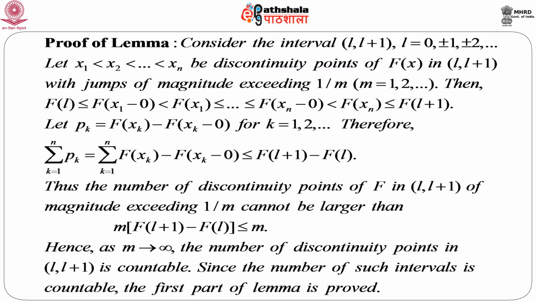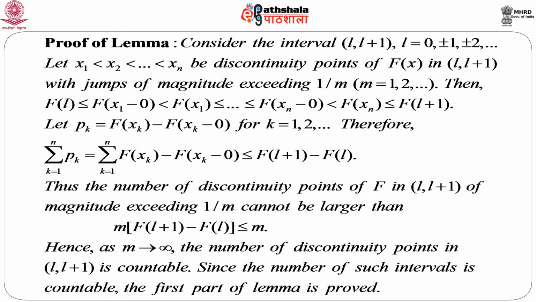Let us also consider the n discontinuity points of F(x) that lie within this interval (l, l+1], where there is an order among them, that is x1 less than x2 less than xn. And these are discontinuity points of F(x) with jumps of magnitude exceeding 1 by m. Now, remember m equals 1, 2 and so on, m must be a positive integer.